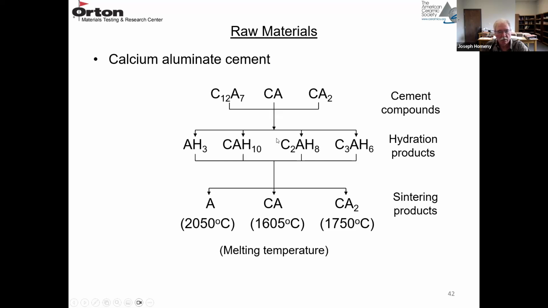This is at room temperature. This is below room temperature. And then when you take it up to high temperature and you sinter this material, you're going to end up with alumina, CA, and CA2 again. And these are the melting temperatures. So CA is still pretty high, 1605. CA2 is 1750. And alumina is about 2050. These are all in degrees C.